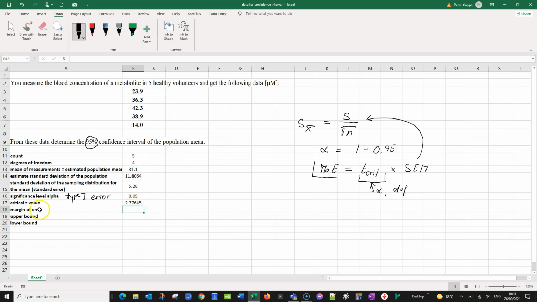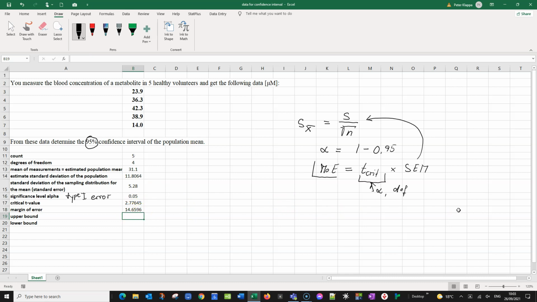And now we can calculate the margin of error. So what we need to do is we multiply this critical t-value with the standard error of the mean that we've calculated here, and we get a margin of error.